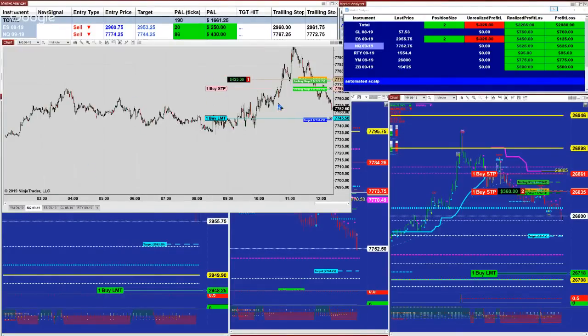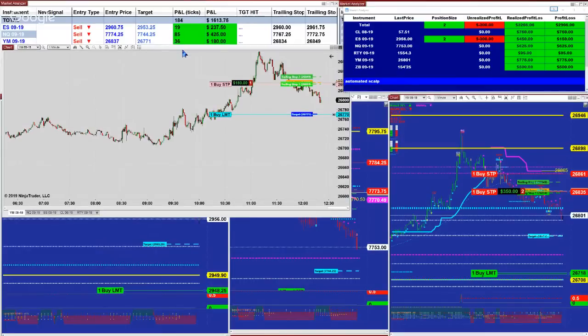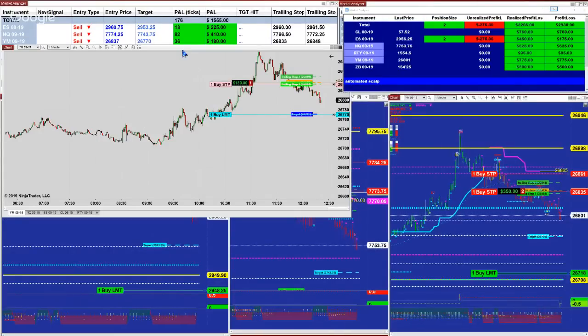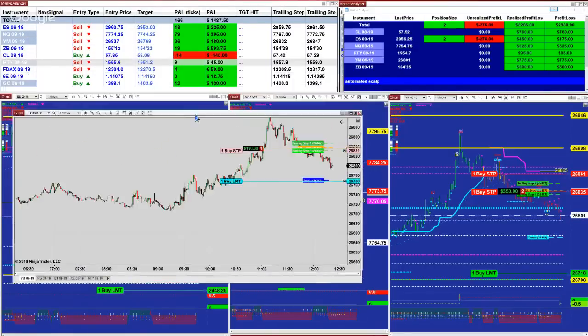It's exactly the way it is. YM, 180. So if we don't have money, we can take those three together. So on the last entry signal, just forget what we made before. On the last entry signal, we nailed the $1,000 trade right there, based on one contract.